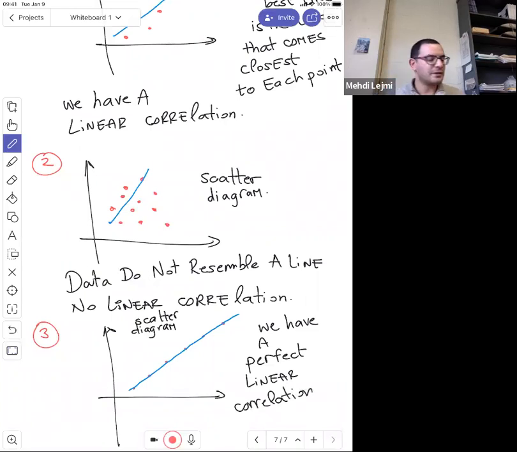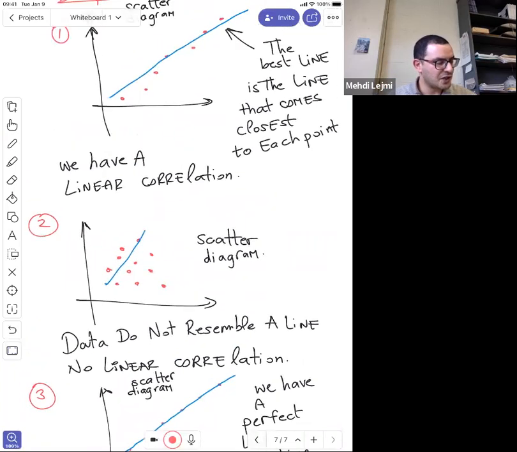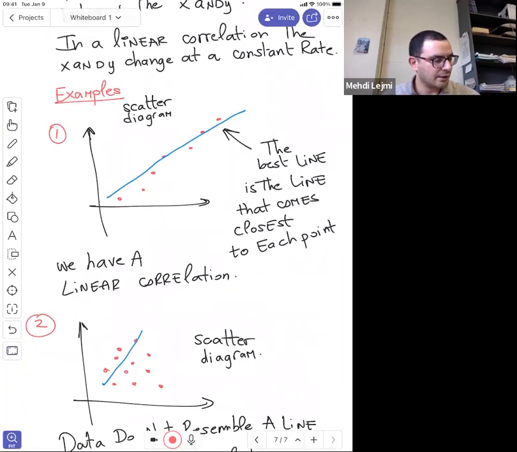You see the difference, guys, between the perfect linear correlation and, like in example 1, where it's not a perfect linear correlation but still a linear correlation. In example 2, it's clear that the data do not resemble a line, so we don't have a linear correlation.